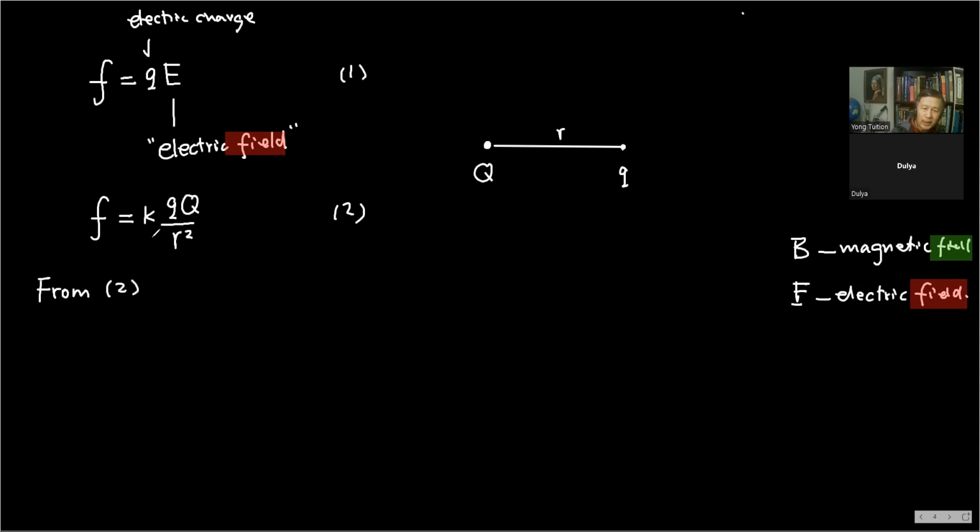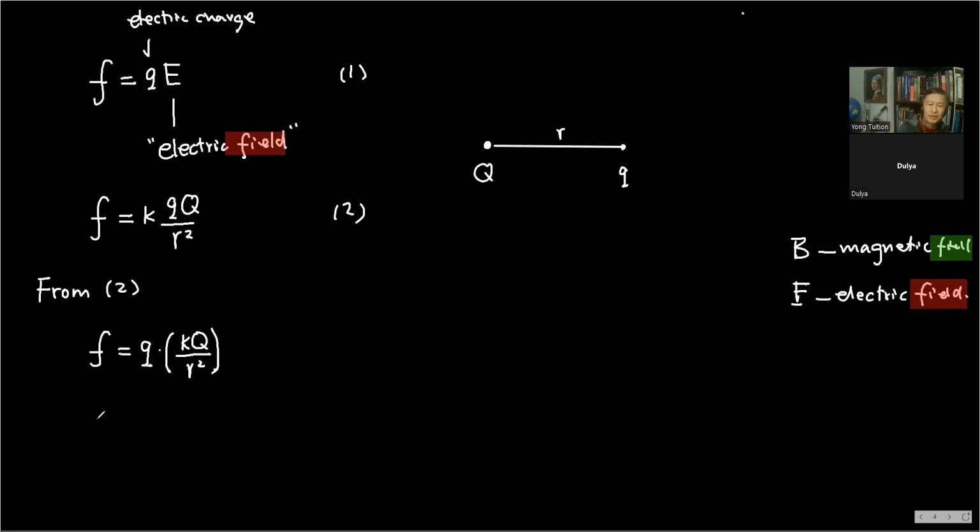F can be written by putting the little q in front, and this becomes K multiply capital Q divided by r squared. Nothing changed, do you agree?